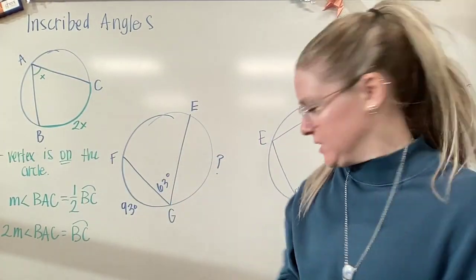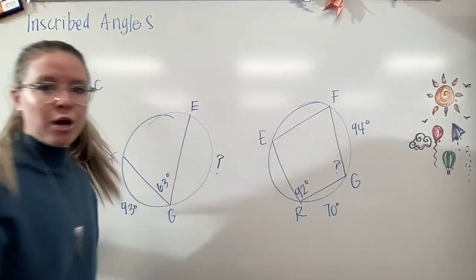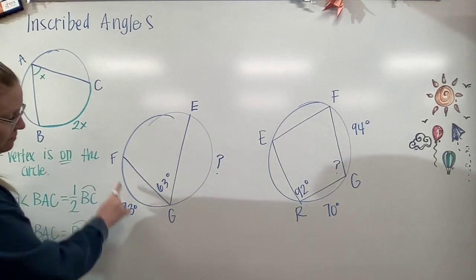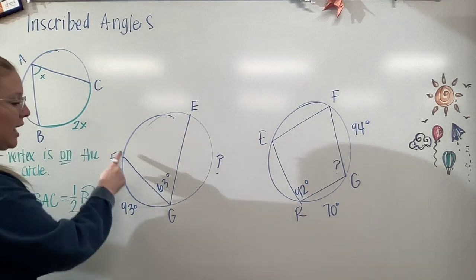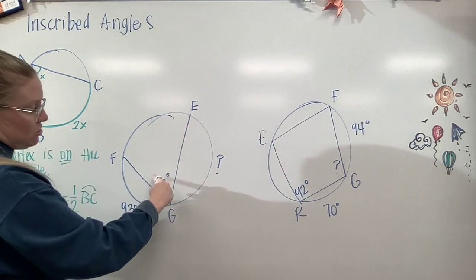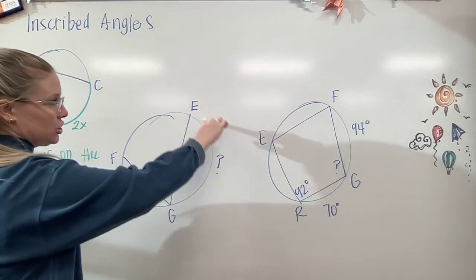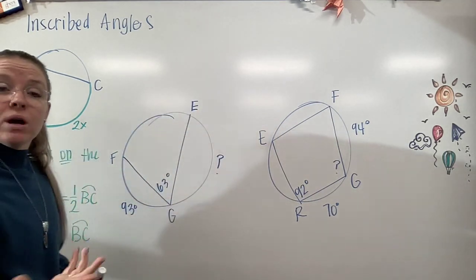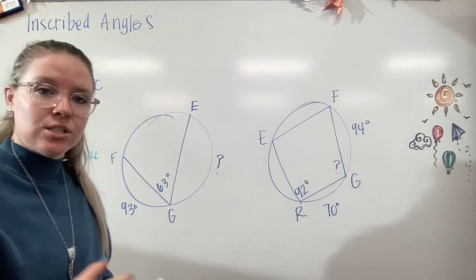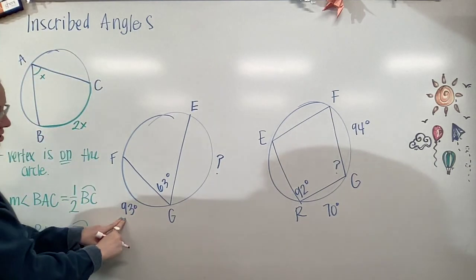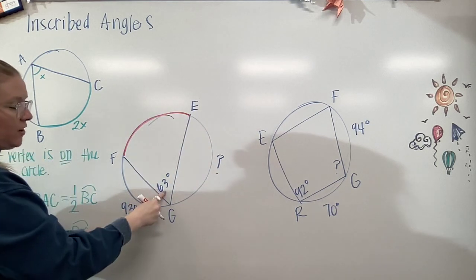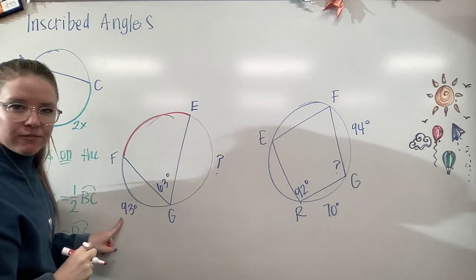That's pretty straightforward stuff. Okay, so let's put it to practice. We're told that arc FG is 93 degrees, angle FGE is 63 degrees, and I want to know the arc GE. Well, we know a circle is 360 degrees. So if we know this arc, we could figure out this arc based off of our angle and subtract that from 360.